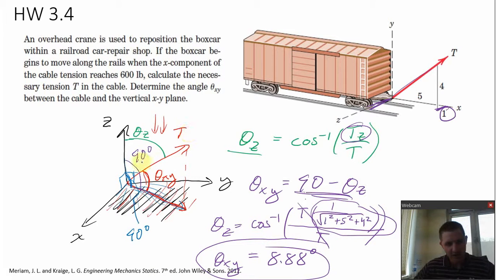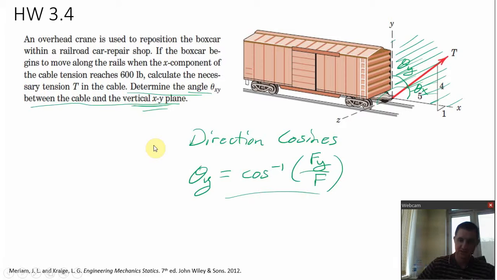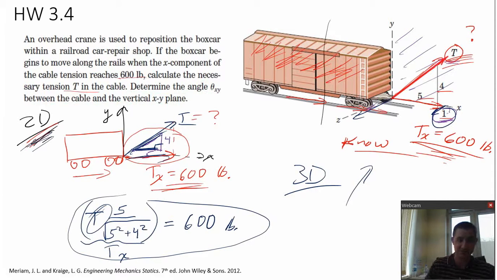Hopefully you see in this problem that a good problem-solving method is to draw a picture. Draw a picture so you can try to see what's going on, and even if you don't know exactly how to get the final solution right away, start trying to simplify the problem, such as I did in this first part here. I simplified the problem down to a 2D version of the problem.